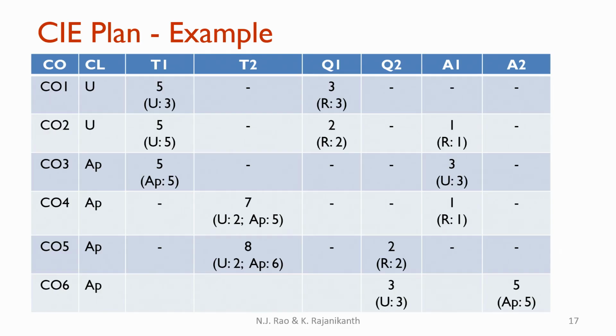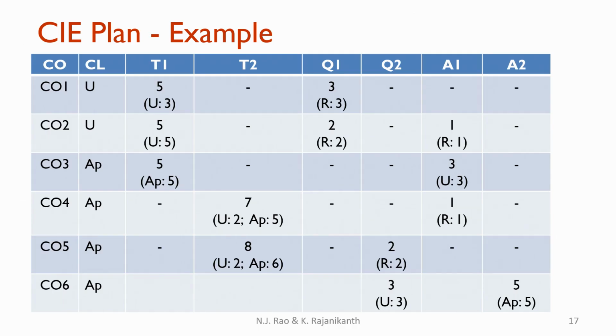So, basically what needs to be done is that the marks for the CO which have been allocated are spread over different cognitive levels, the same cognitive level and lower cognitive levels, and they are spread over different assessment instruments for the CIE. So, that completes the CIE plan process.